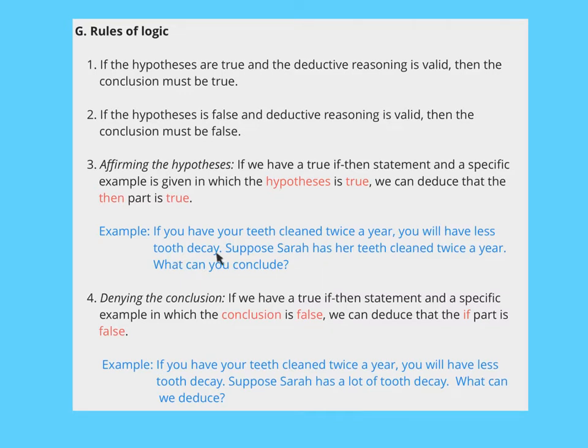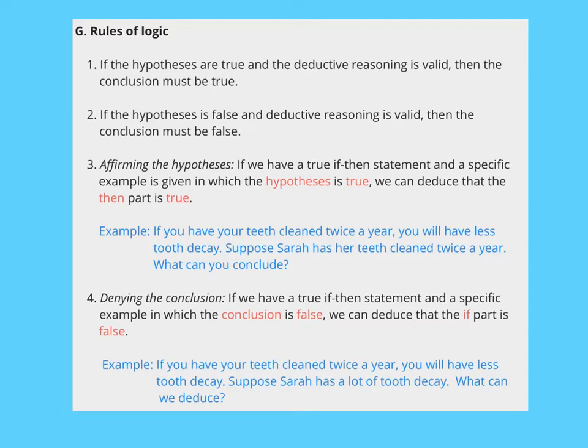If you have your teeth cleaned twice a year, you'll have less tooth decay. If we then link that to a specific example where the hypothesis is true, so we have Sarah who does clean her teeth twice a year. So she's following the statement that's already given, the hypothesis that's given. So suppose Sarah has her teeth cleaned twice a year, what can we conclude?